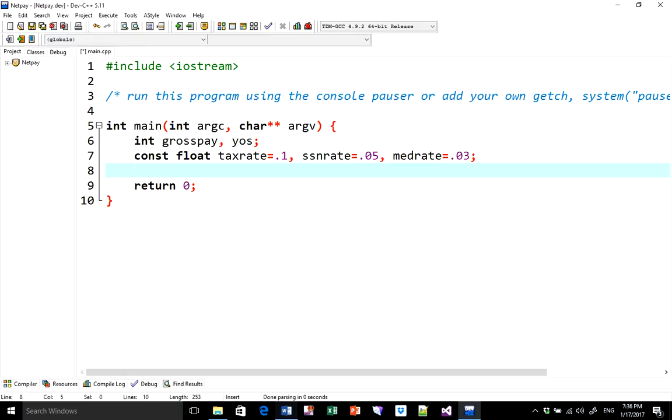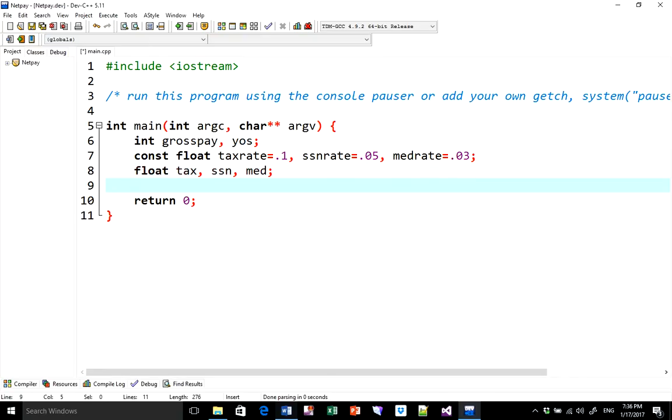All the deductions, right? So float, what do they call this, float? Tax, SSN, and med. Okay.